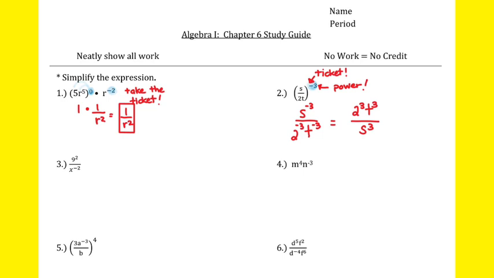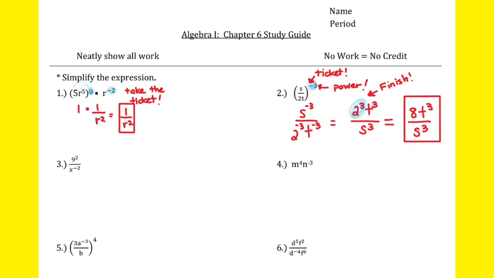But I'm not quite done yet. I need to resolve that 2 to the third power, which is 8. So I get 8 times t to the third power over s to the third power.